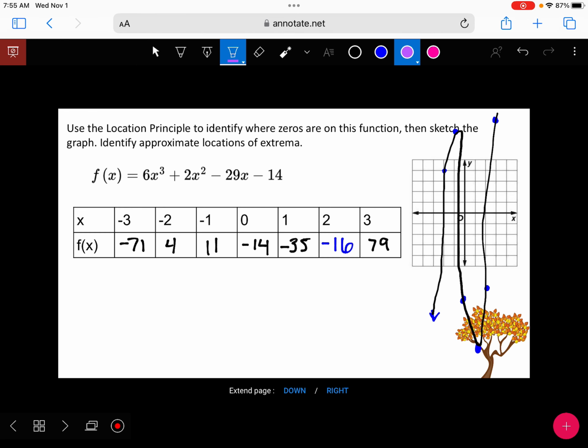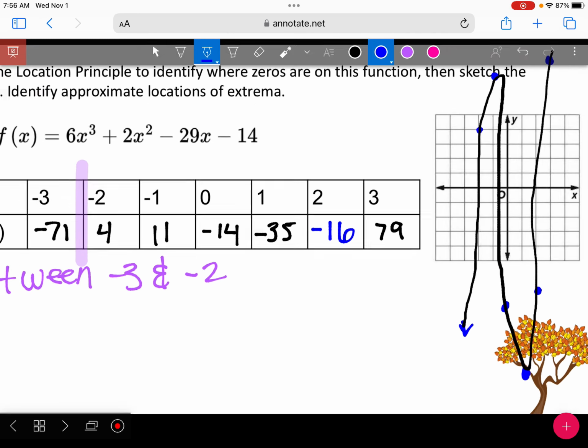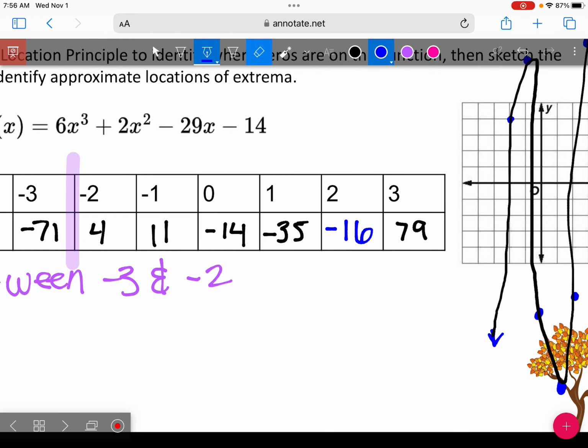Between -3 and -2. Oh, not that one. Here. So what's going to be between -3 and -2? Where else does the sign change? So we're looking for where the sign changes.